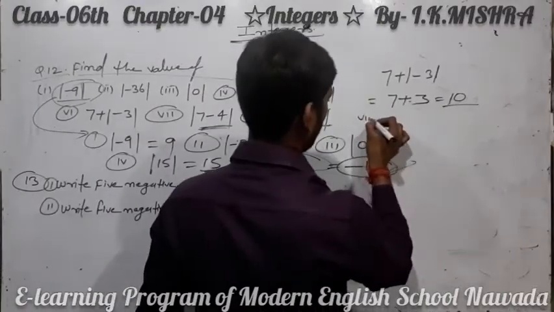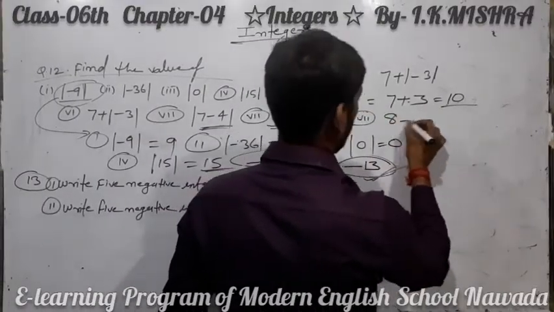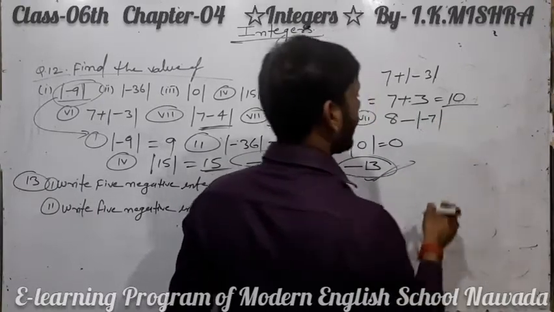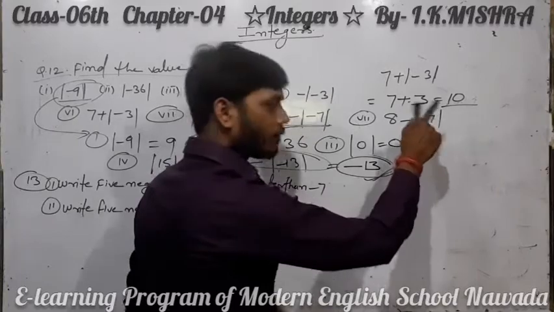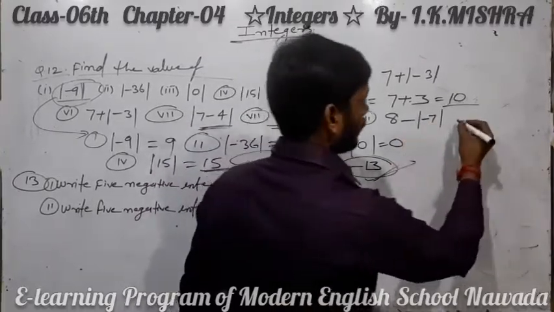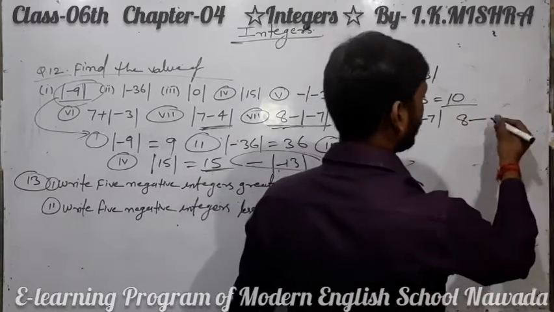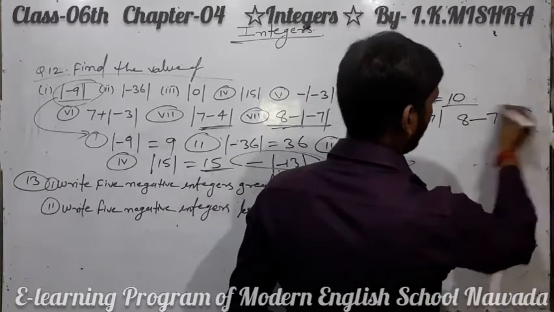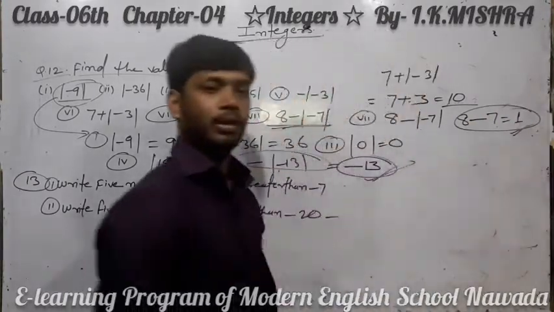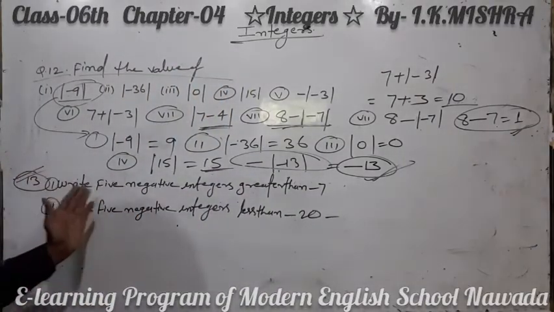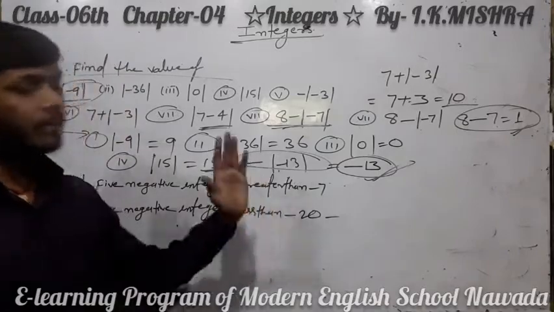The seventh question, 8 minus modulus of minus 7. Modulus of minus 7 means the absolute value of minus 7. Students, 8 minus the absolute value of minus 7, that means 7, so the answer is 1.